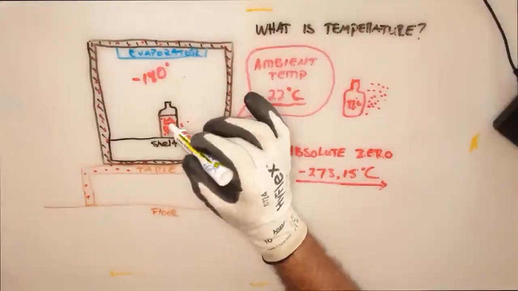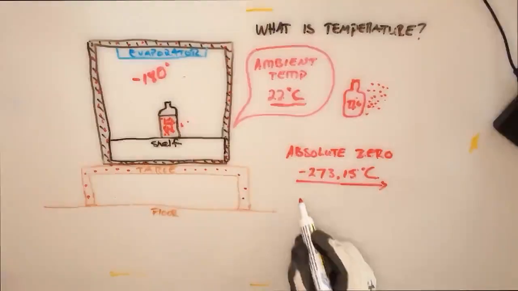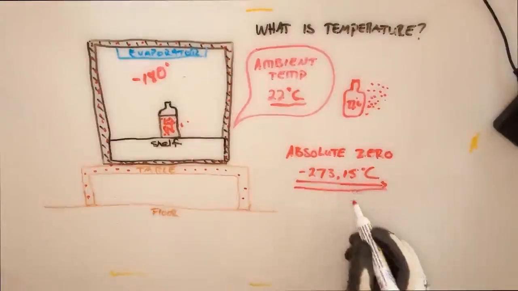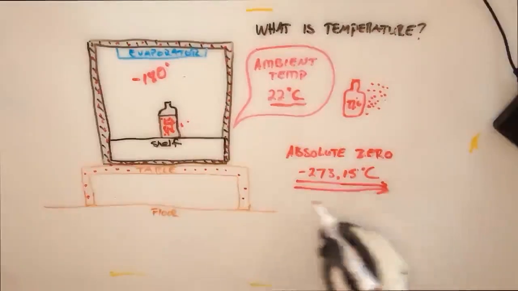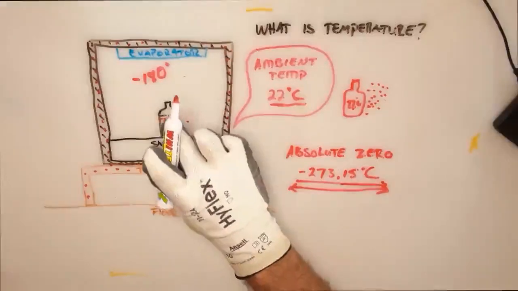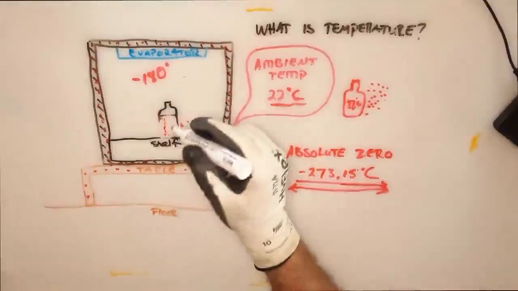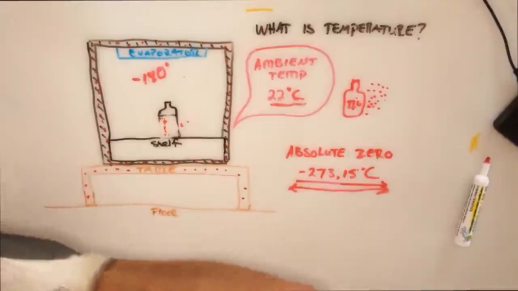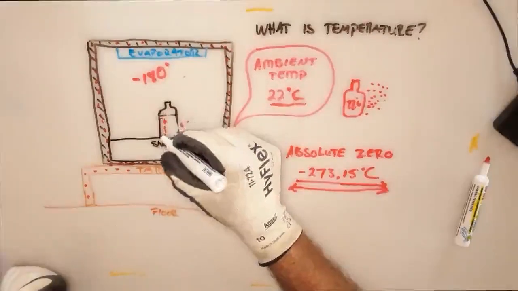The only way we can stop these atoms from moving is by taking the temperature to minus 273.15 degrees Celsius. At this temperature, our atoms will cease to move at all. And then we have what's called absolute zero.